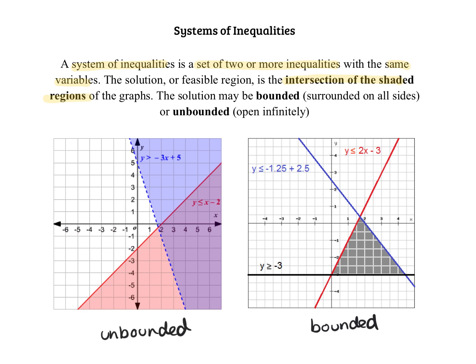So the solution set is this area over here in kind of this purple color, but you can see that here and here there are boundaries, but it's just going to continue on unbounded in this direction. So again, it's okay if you don't have an inequality on every side of your feasible region. So that's just called an unbounded solution, or it could be completely bordered in, which is called bounded.